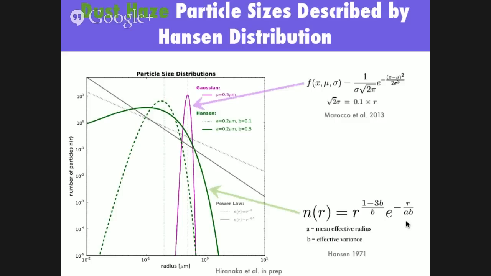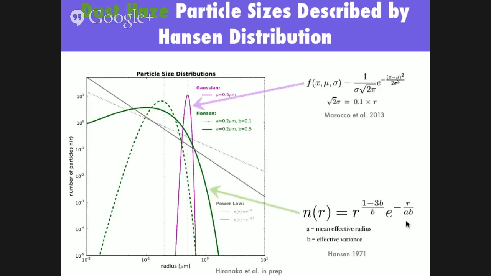Here I'm showing two Hansen distributions with the same mean effective radius, but different effective variances. The solid line has a wider variance, and the dashed line has a smaller variance. With a smaller variance, the Hansen distribution looks similar to the Gaussian, but it's wider than the Gaussian distribution.